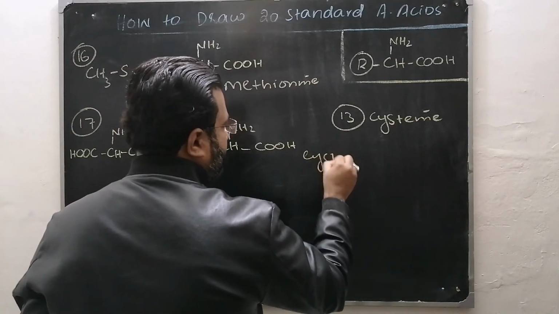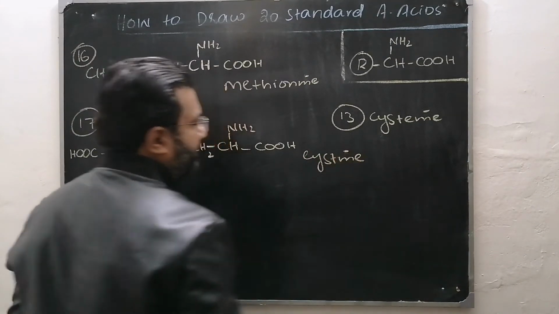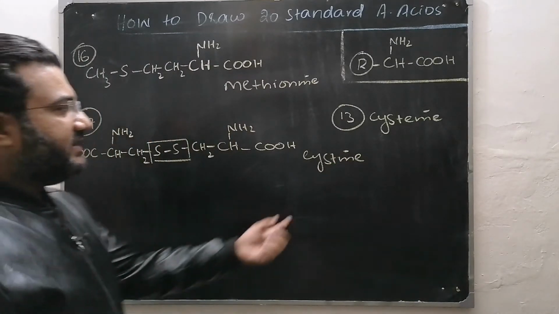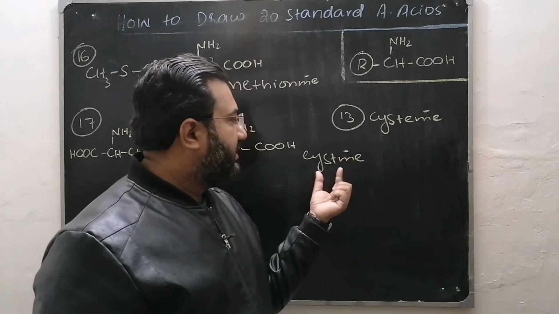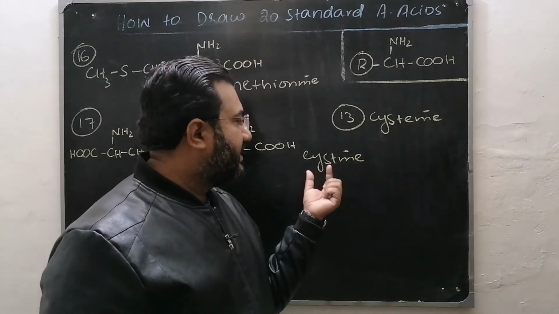Then this gives rise to another amino acid which is cystine. So this one is cystine, which is read or pronounced as cystine.